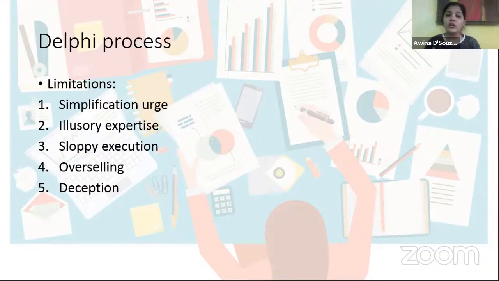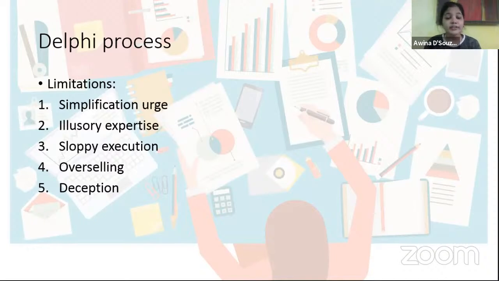So there could be a lot of very slack behavior when it comes to the concluding part of the decision making process. Then overselling is a process. What happens in overselling is that the same articles keep going to the same respondents, and the same panelists keep giving the same decision.